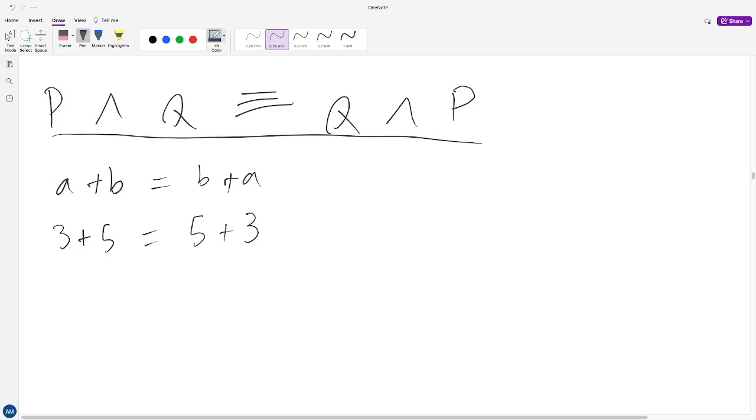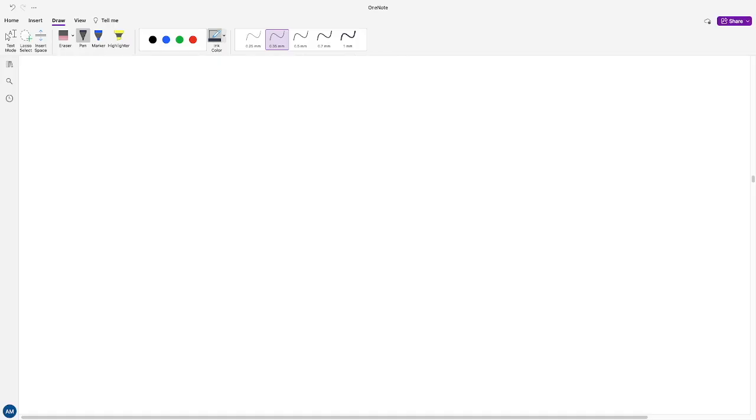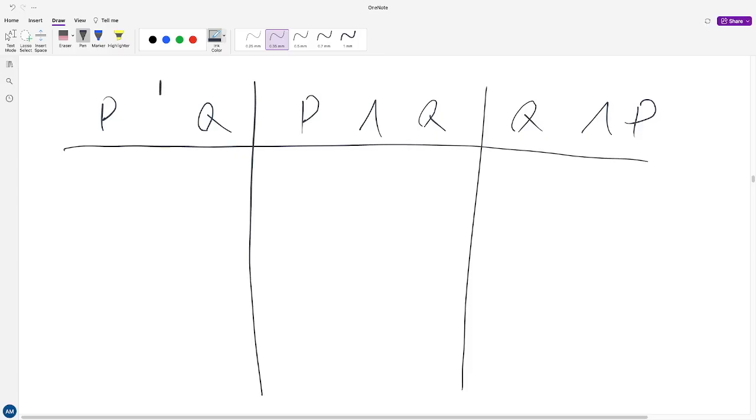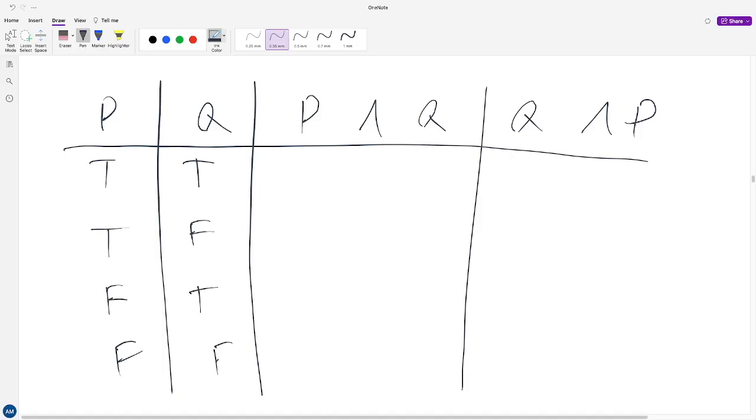And how can we show it? Well, we can just draw out a truth table. So if we have P, Q, P and Q, Q and P, we can check that P and Q is only true when P is true and Q is true, and false every time else.